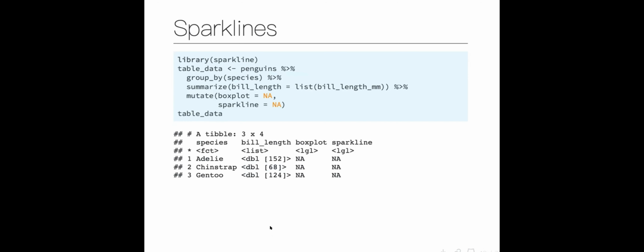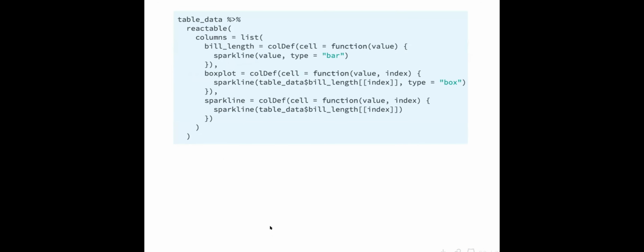Okay, now this looks complicated. It is fairly complicated, but it's not horrid. We're doing this call definition, and we're saying for each cell, do this function, which takes this argument value. Then add a sparkline for that value where the type equals bar.